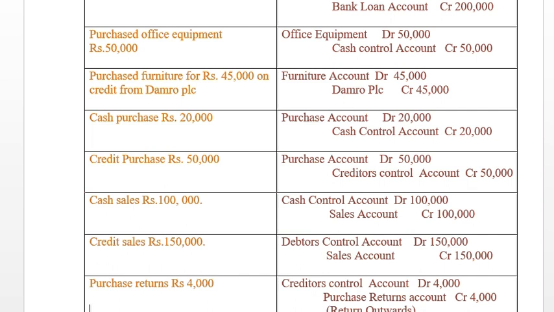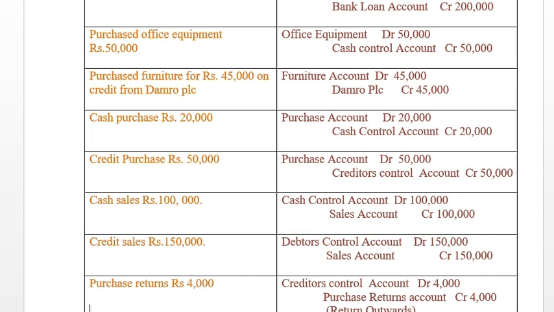Next one, credit sales 150,000. Here, same as the earlier one, sales means income. If income increases, it should be credited. So sales account credit 150,000.